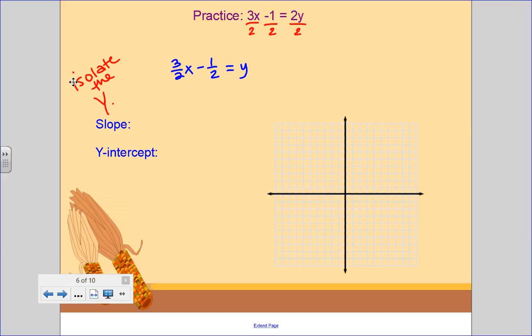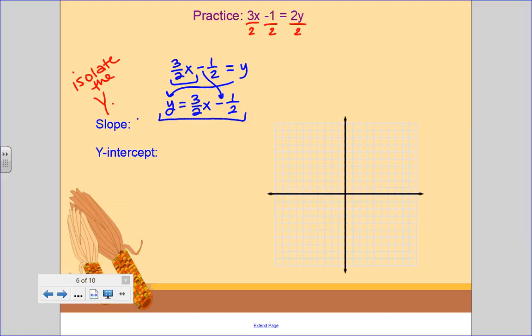Now, I have y isolated, however, it's not exactly in the order that slope-intercept form is written. So if you want to take a moment and put your y on the left side and then put the term with the x first, and then the minus 1/2, your y-intercept at the end, I would really recommend doing that just to have everything exactly where you're expecting it to be. Just make sure you're keeping your signs the same when you're moving things around.